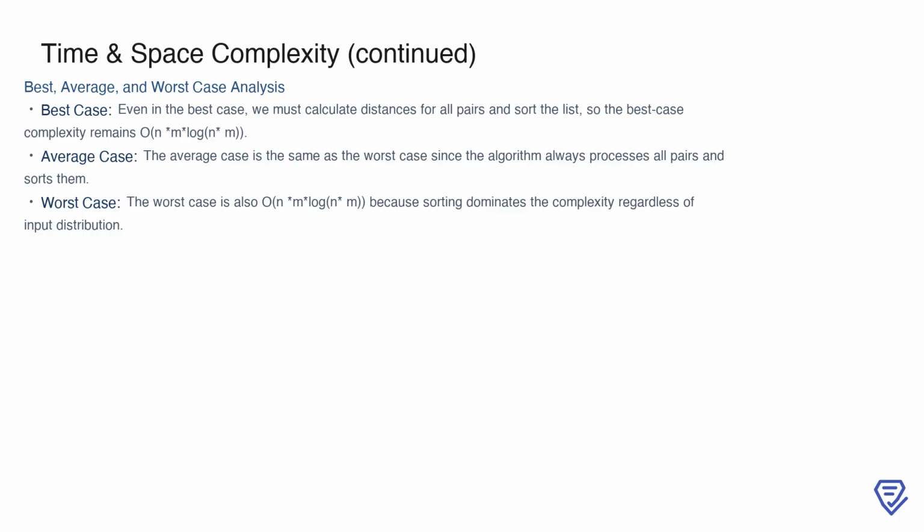Lastly, the worst-case complexity is also n*m*log n*m, as the sorting step dominates the runtime in all scenarios. Since the algorithm consistently follows the same steps for any input, the time complexity remains the same across best, average, and worst cases, ensuring predictable performance regardless of input distribution.